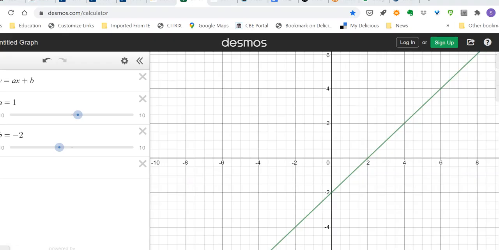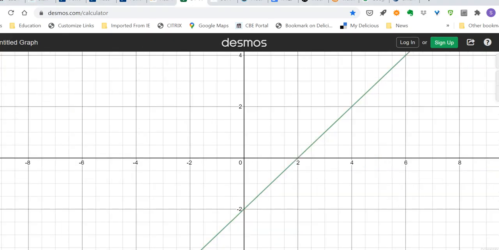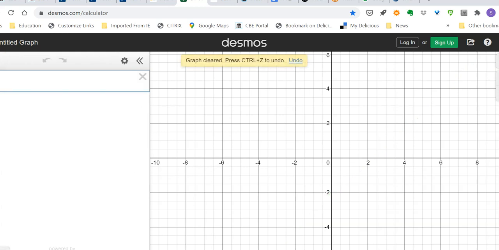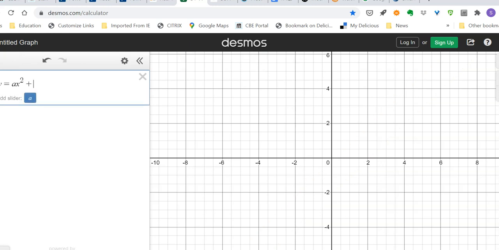Let's hop over to here. Y equals ax squared plus bx plus c.